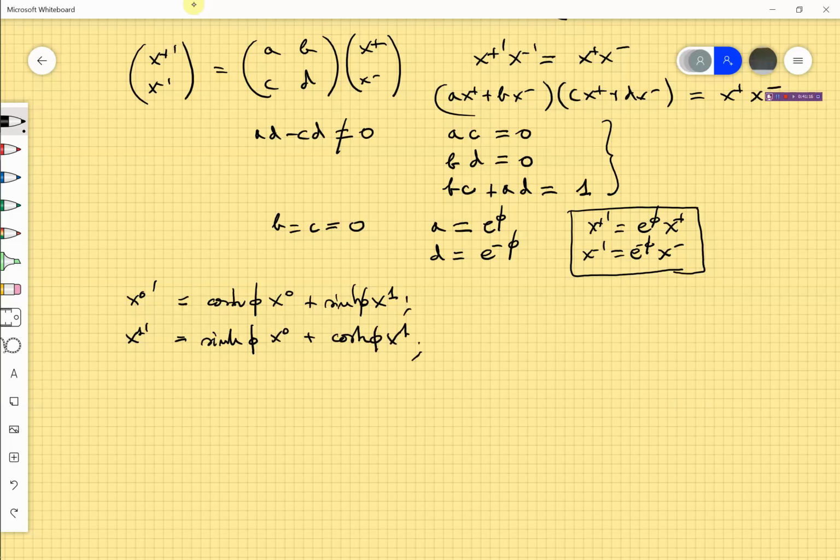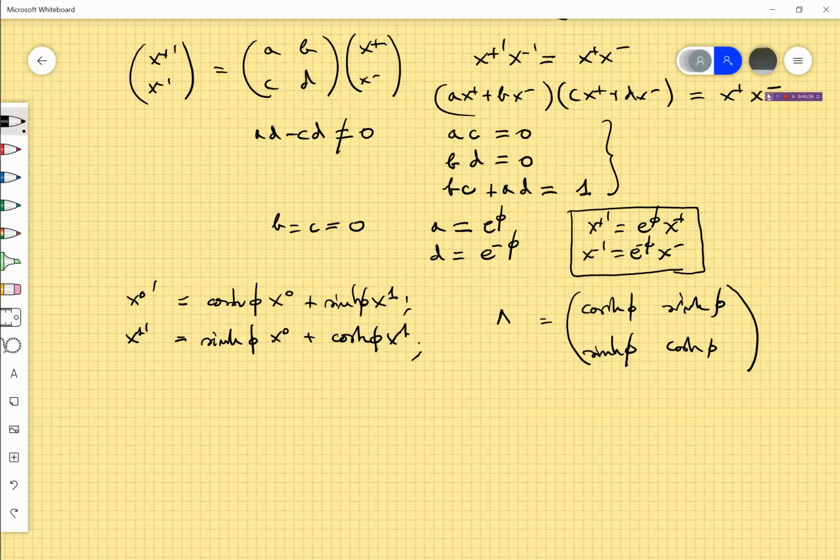Or that the matrix lambda that we found before has this form: cosh phi, sinh phi, and sinh phi, cosh phi.